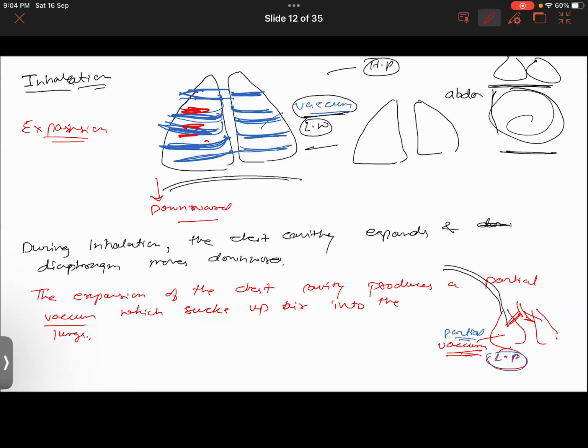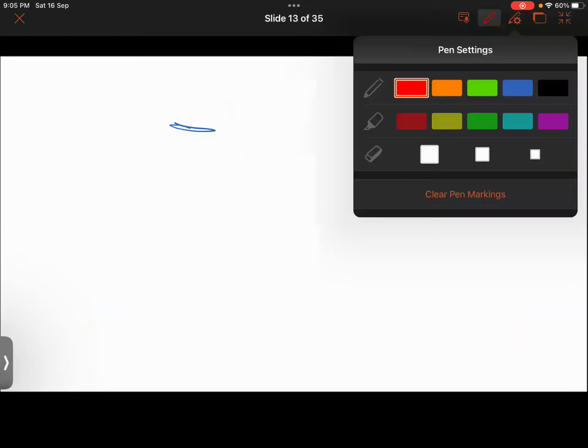Okay. Now, what about the second process, the expiration process? In that, what do you guys think will happen? Will the diaphragm move downward or will it move upward? In exhalation, it will move upward. It moves up. Very good. Right.